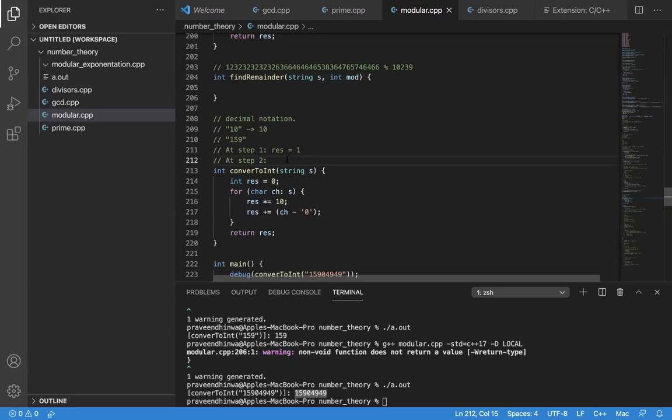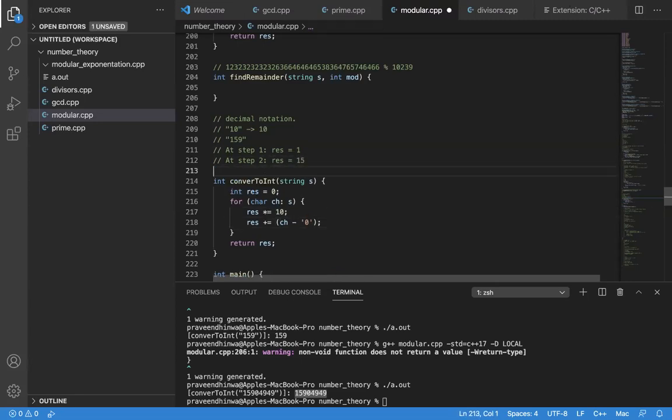Yeah. So at step 1, reg equals 1. Is that clear? Yes. So at step 2, I will multiply reg, 1 into 10 is 10, and 10 plus 5 is 15. At step 3, I will multiply 15 by 10 first and add 9, so 159.